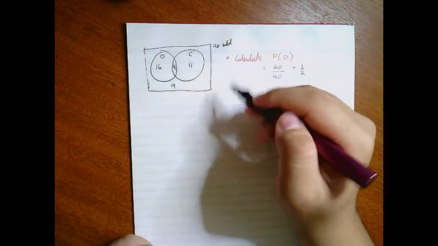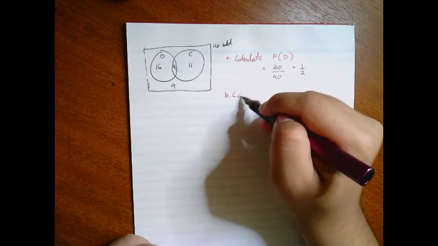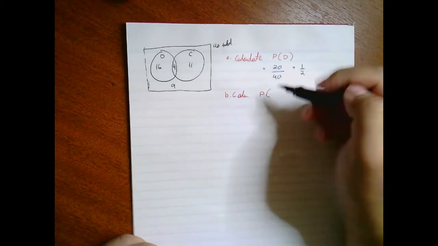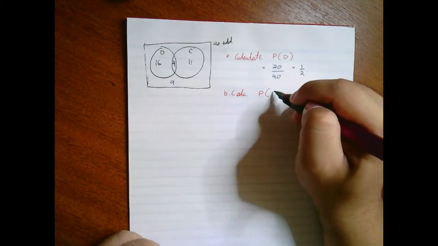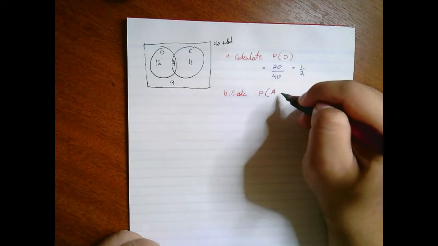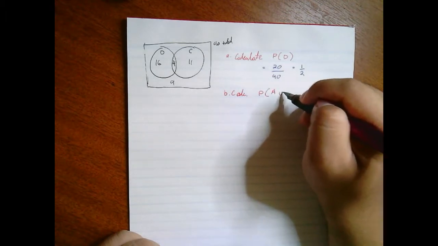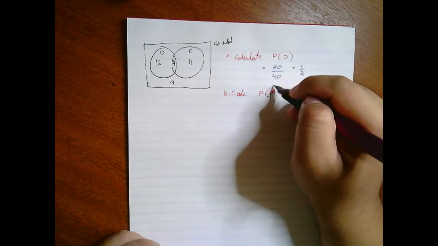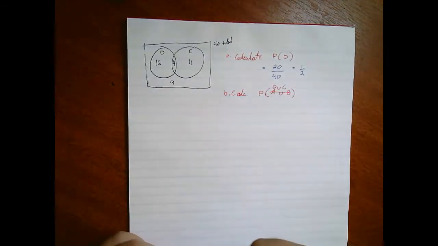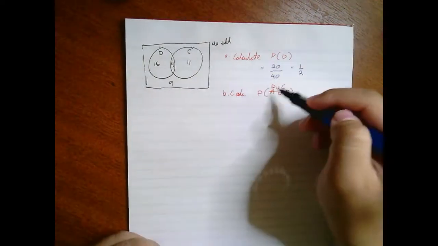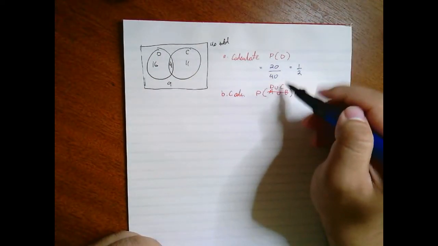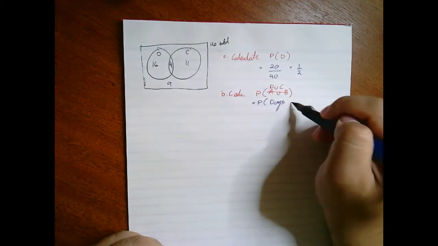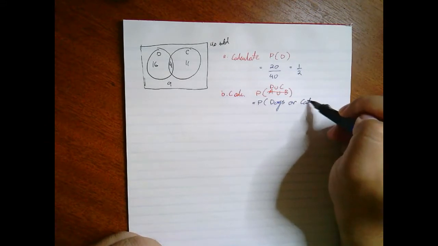But if the question asks, let's say, calculate the probability of D unified with C. Now we know that D unified with C is the same as the probability of dogs or cats.